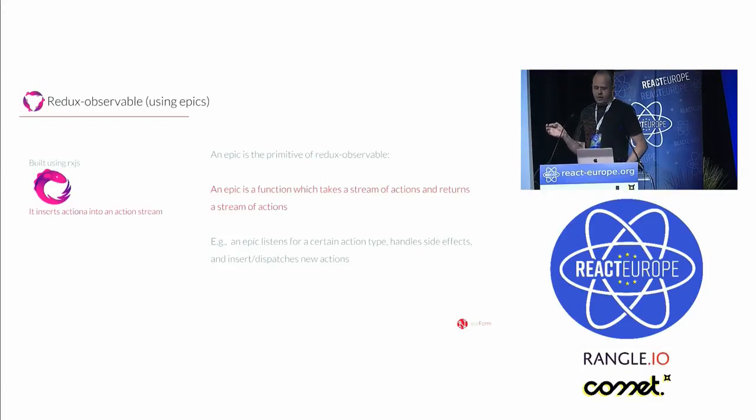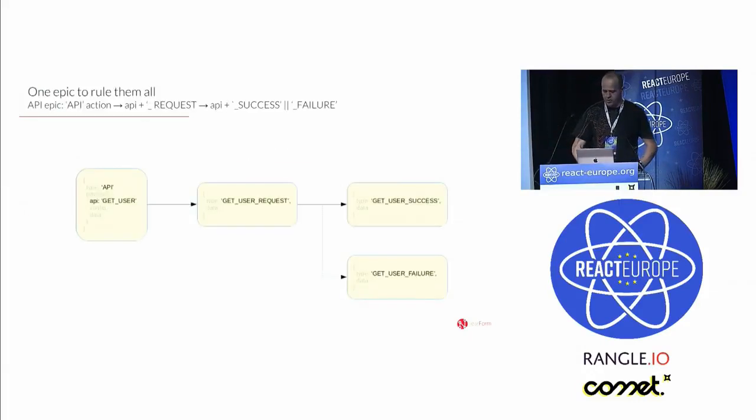And an epic is just the Redux Observable primitive. All it does is listen to a stream and give you another stream back. So it's just a way of maintaining the stream. For instance, you can listen for a certain action type, handle your side effects, and potentially insert or dispatch a new action. I'll show you now how this helps us.